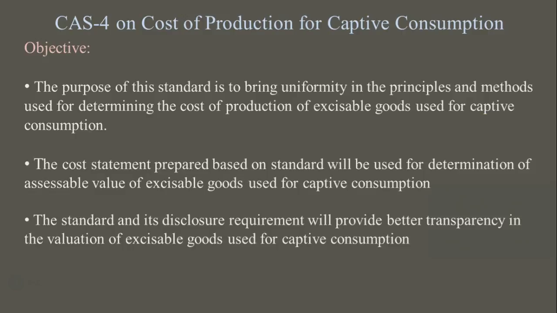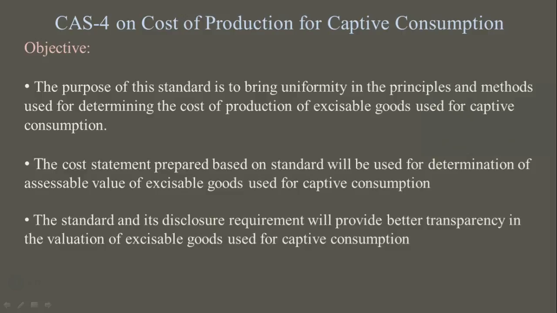Okay guys? Then the cost statement prepared based on the standard will be used for determination of assessable value of excisable goods. Basically the cost statement we are preparing is as per Cost Accounting Standard 4. Definitely we can use it for the determination of assessable value of excisable goods used for captive consumption.